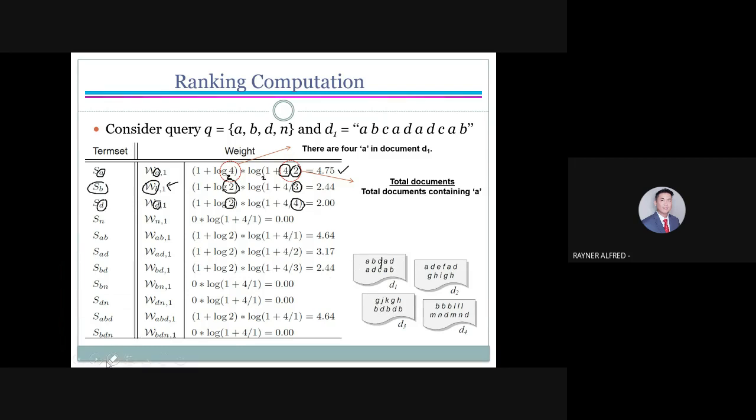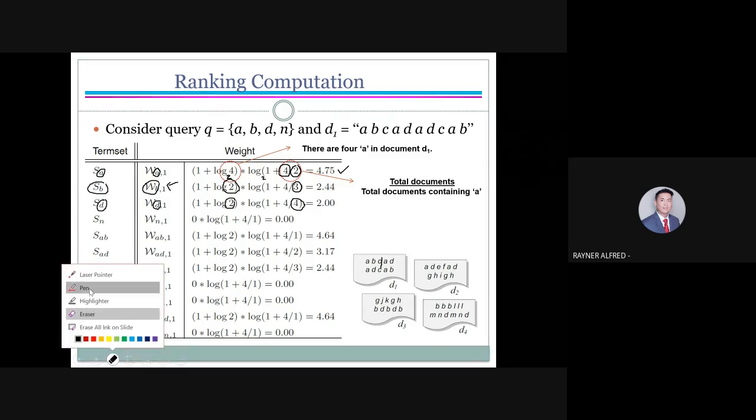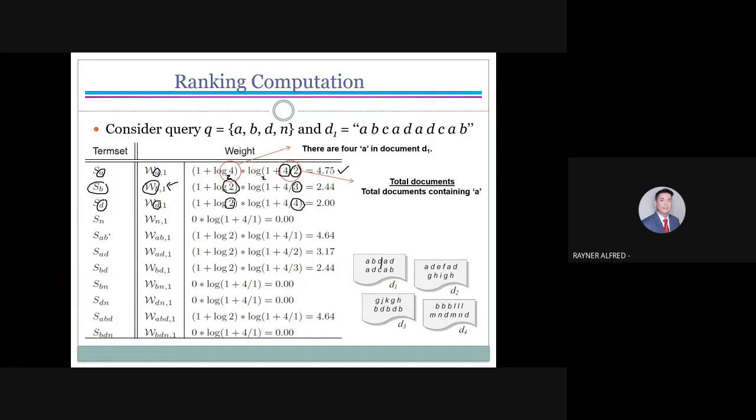Okay, let's look at the 2. So for term set AB, this is how we find the weightage of AB in document 1. AB, how many times? 1. We cannot double count. 2.